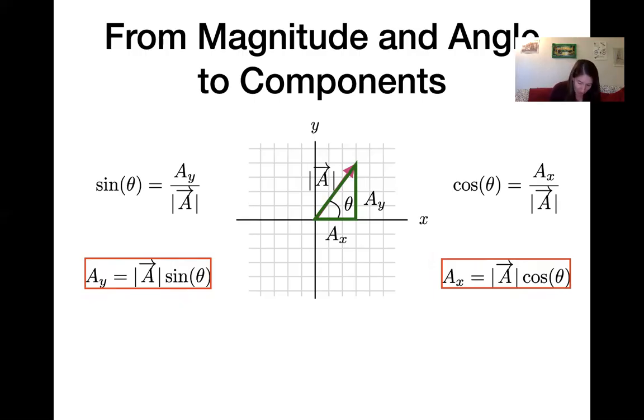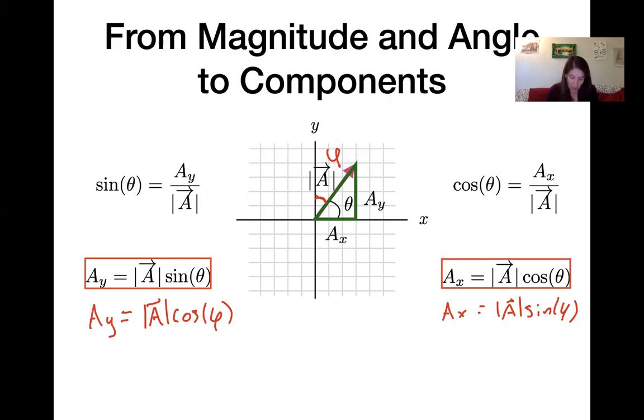If instead I gave you this angle, which, sorry, this is getting tight here, which maybe I call phi. So I give you the angle as measured clockwise from the y-axis. Then I would find that a sub y is A cosine of phi, and a sub x would be A sine of phi.